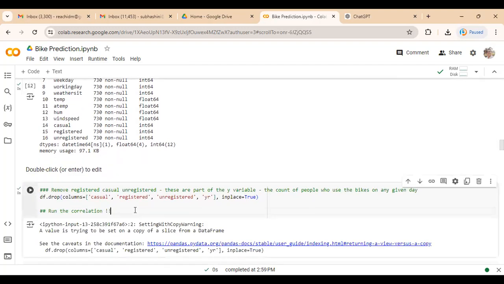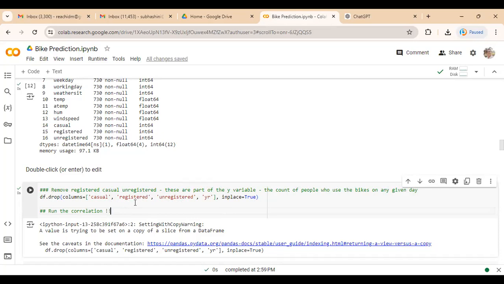Now, we want to drop casual, registered, and unregistered, and year, before we start with anything. Why is that? Because we don't want them in our model. Registered and unregistered together give us count.